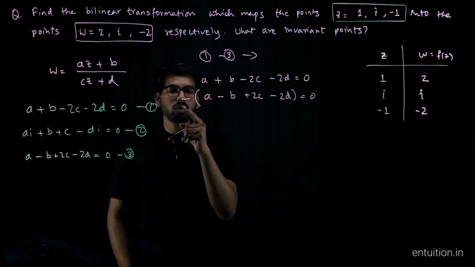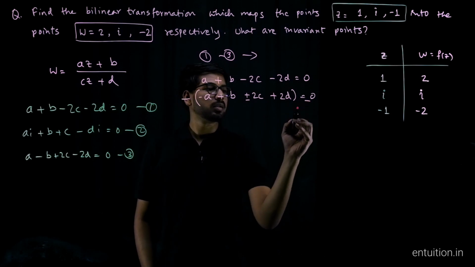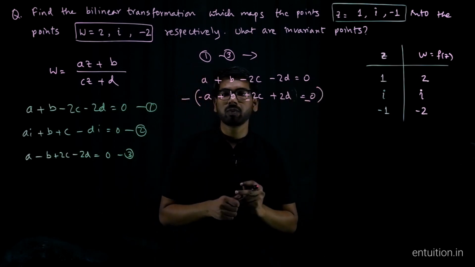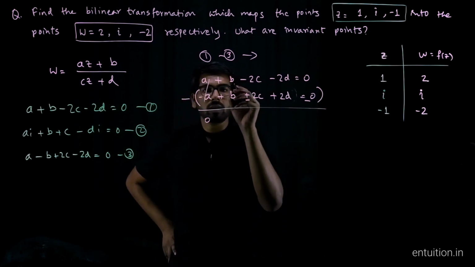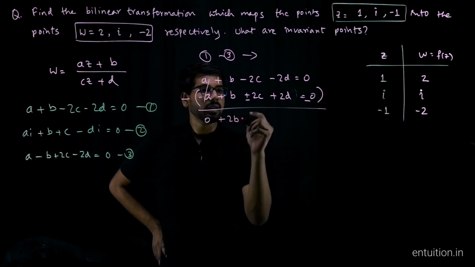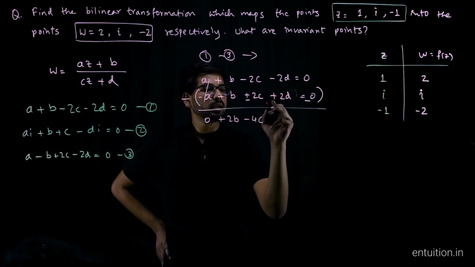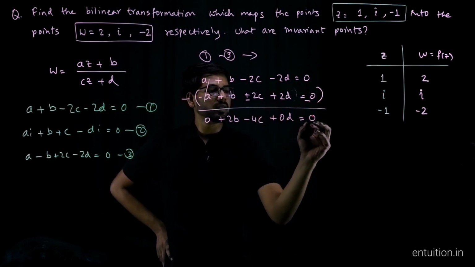When you subtract, what we should do? We should change all the signs. So a minus a is 0. b plus b is 2b, minus 2c minus 2c is minus 4c, minus 2d plus 2d is 0, equal to 0 minus 0, which is 0.